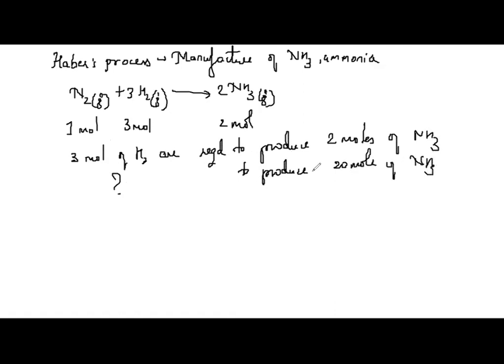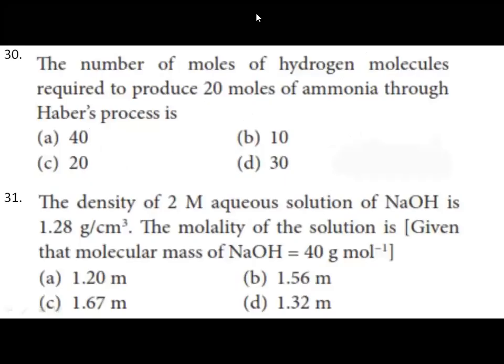So 20 moles means I need how many? 20 into 3 divided by 2. So it is 30 moles of hydrogen required to produce 20 moles of ammonia. So how many moles of hydrogen are required? 30 moles of hydrogen. Correct?